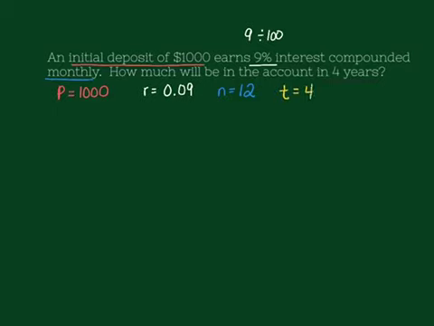So when we set this up, we'll have A is equal to 1,000 times 1 plus 0.09 divided by 12 to the 12 times 4 power. So let's talk about how you have to put this into your graphing calculator.